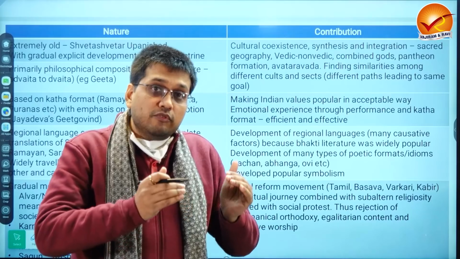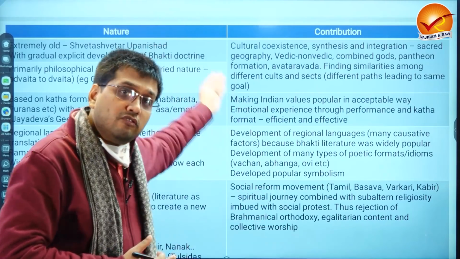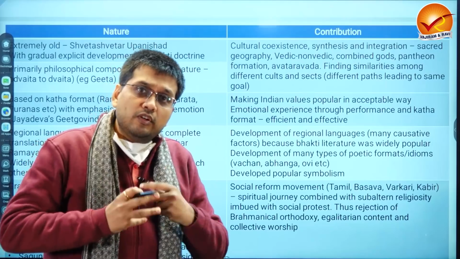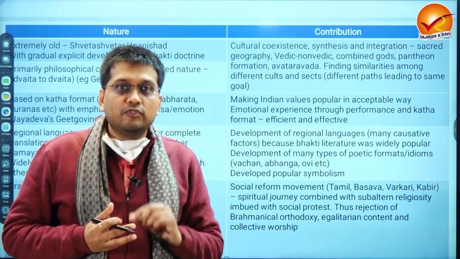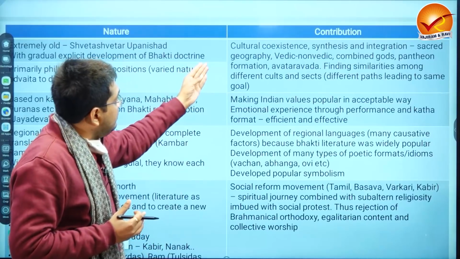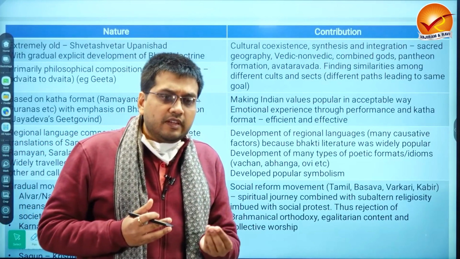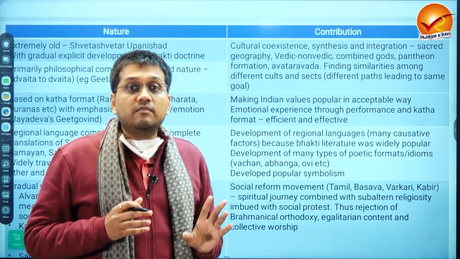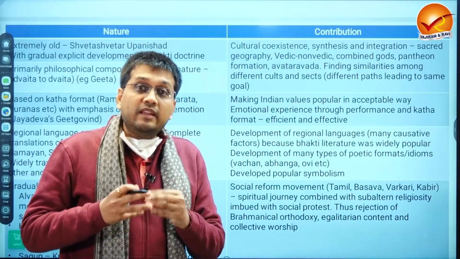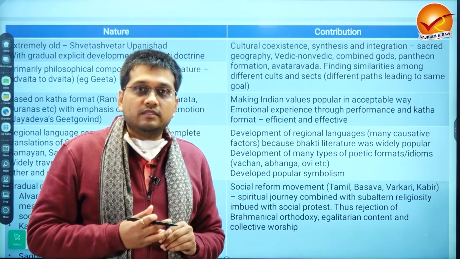When we come to the Bhakti movement, we'll talk about the social reform aspect, but apart from that, we have a lot of Bhakti literature which also has many different ways of contributing to Indian culture. We should focus on that as well. So you have cultural coexistence, synthesis and integration. India has various sects, various paths, various cults. The first and most important thing Bhakti has done is to show similarity between them, that the path may be different but the ultimate objective is one.